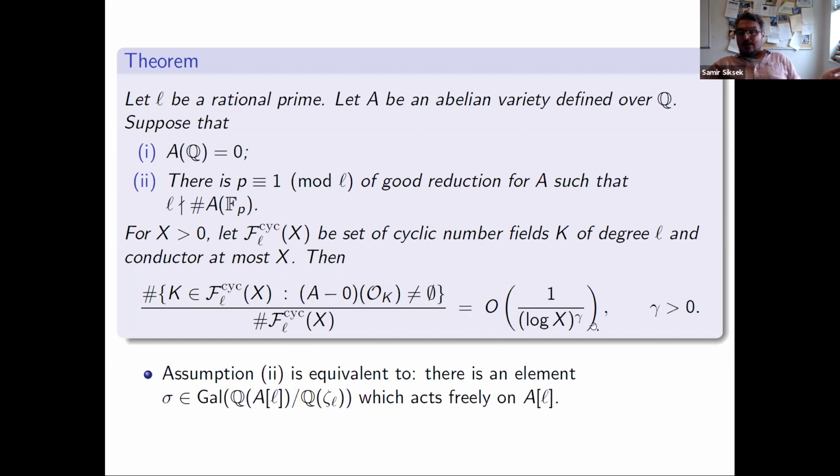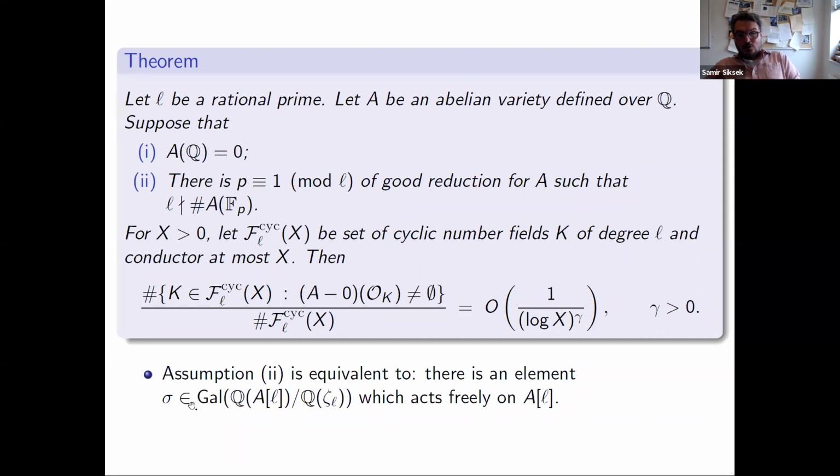Then I get densities here. I get a ratio like this, where gamma is some very explicit positive constant, and you can write an explicit description for gamma in terms of some elements of a certain Galois group.